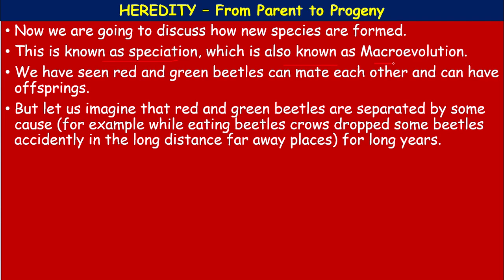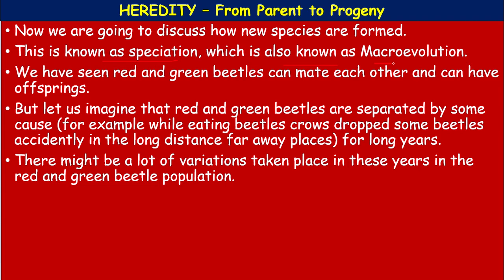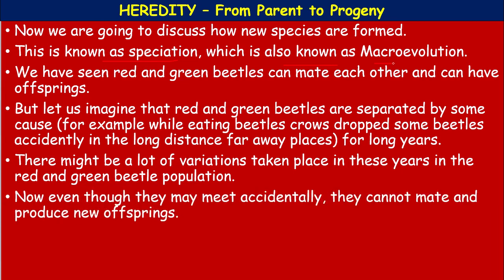For example, while eating beetles, crows dropped some beetles accidentally in far away places for long years. So, there might be a lot of variations that take place in these years in the red and green beetle populations.